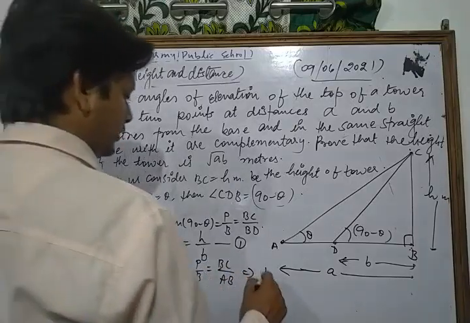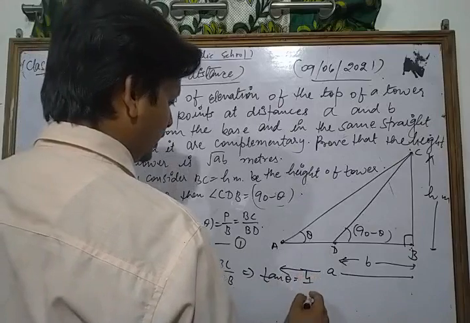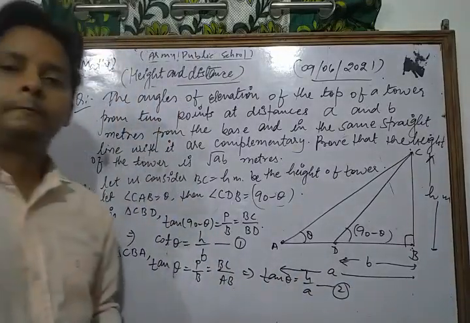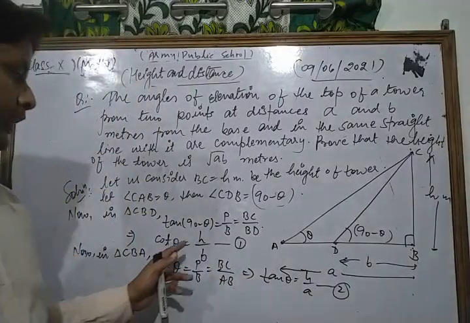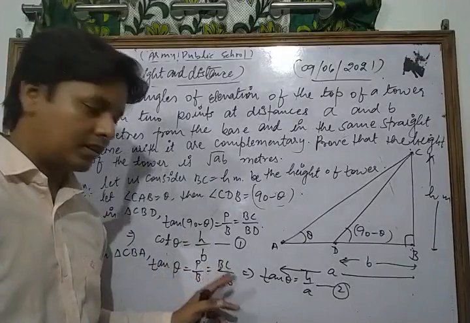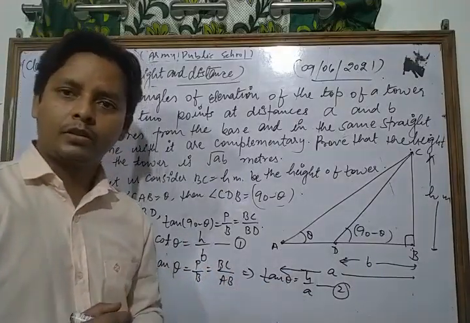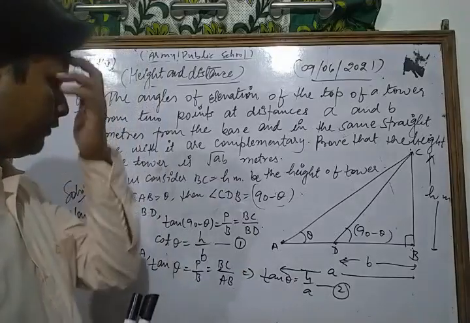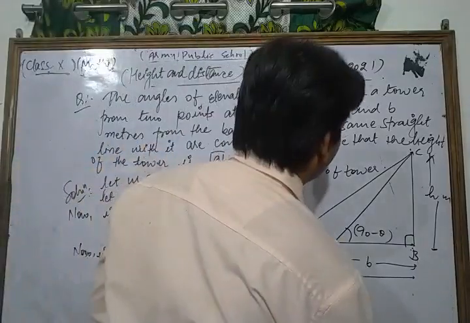So tan theta is equal to BC, which is H, upon AB, which is A. We take this as equation number 2. Okay, so in this way we form two equations. One is cot theta is equal to H upon B. Second one, tan theta is equal to H upon A. Now we just multiply equation 1 and 2, and we get our result.